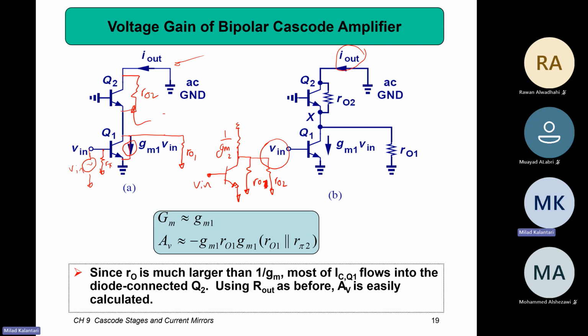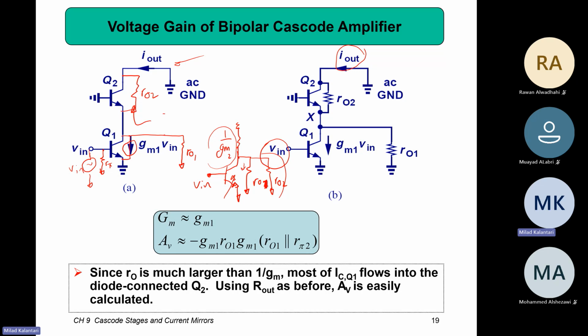So whatever current this device is generating is going to where? Is it going to the R out or going to 1 over GM? It's going to 1 over GM, right? Because this one is much smaller than the others.